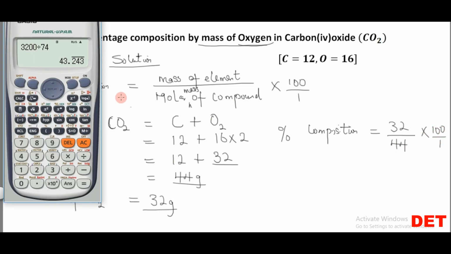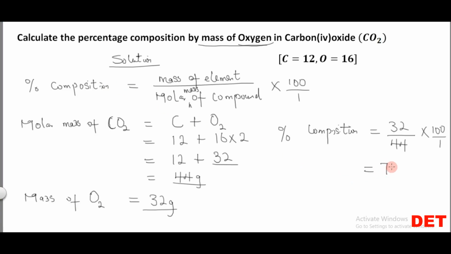So 32 times 100 equals 3,200, divided by 44 will be equal to 72.72%. This is the percentage composition by mass of oxygen in carbon dioxide.